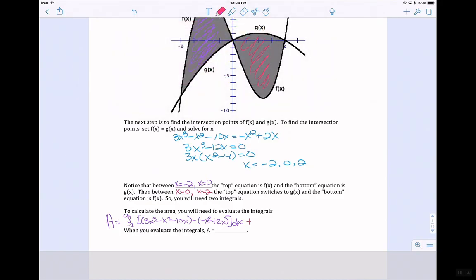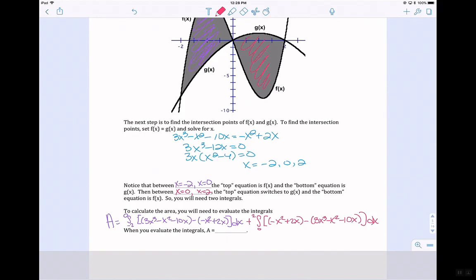Okay, and then we're going from 0 to positive 2, and my negative x squared plus 2x comes first because that's on top, minus my 3x cubed minus x squared minus 10x goes on the bottom, dx.